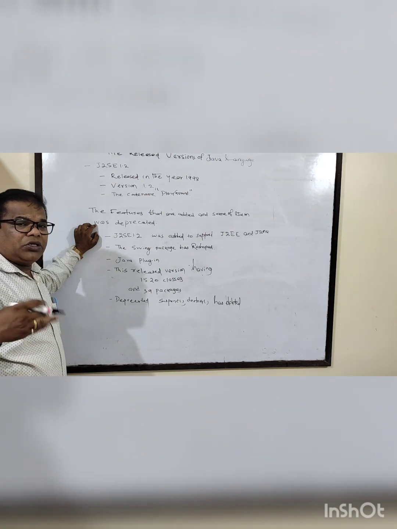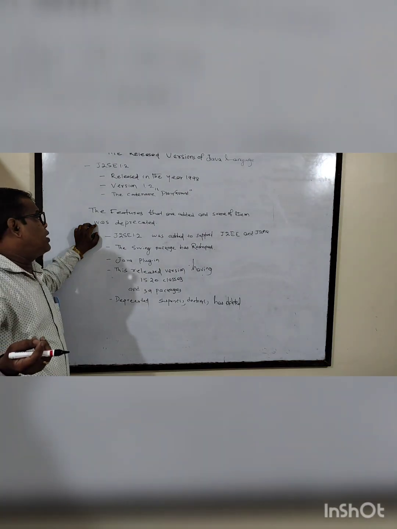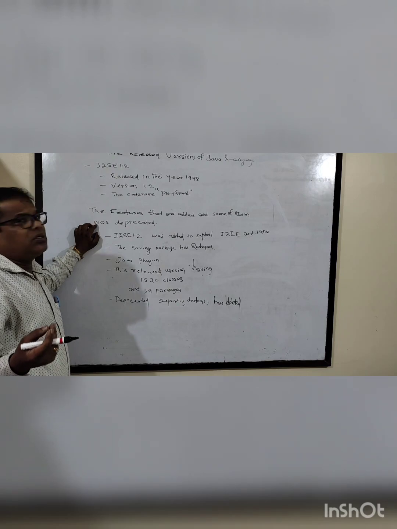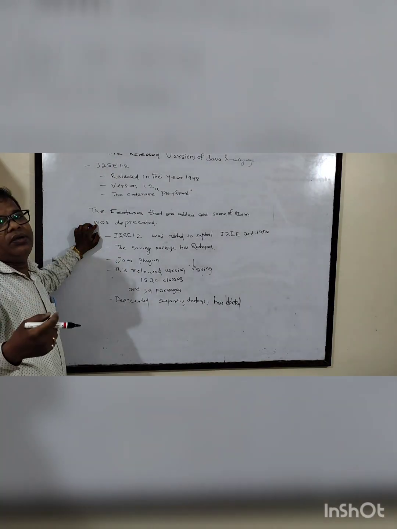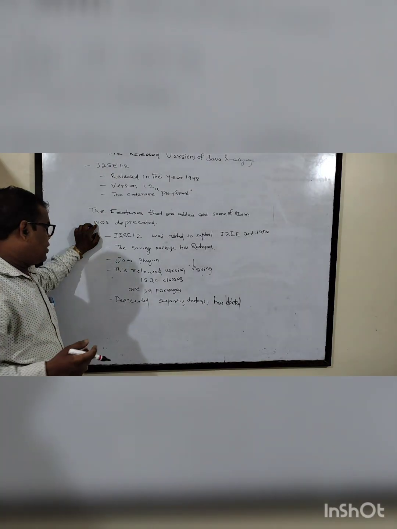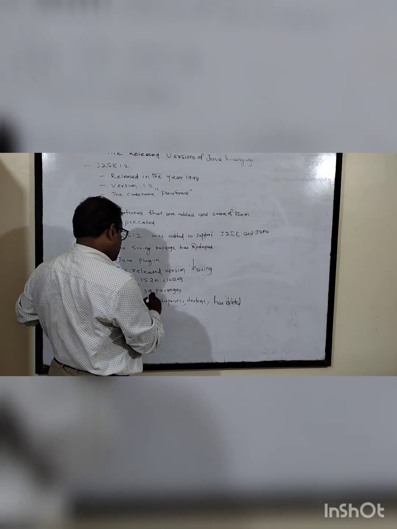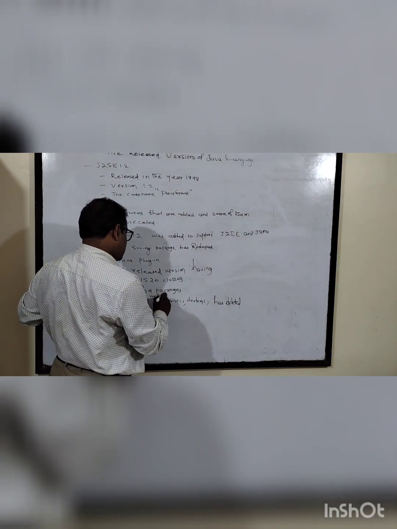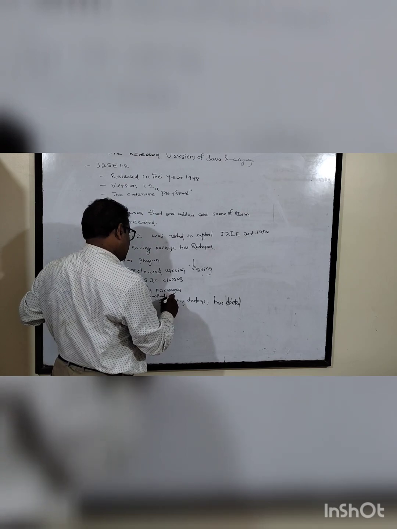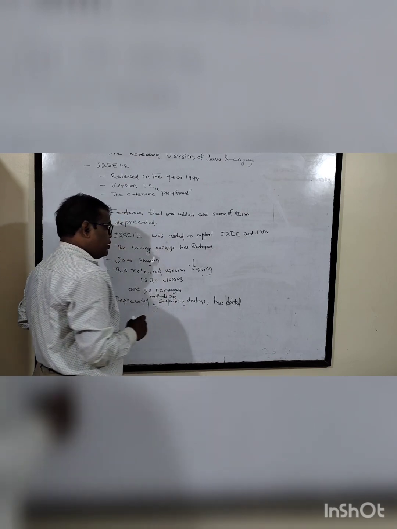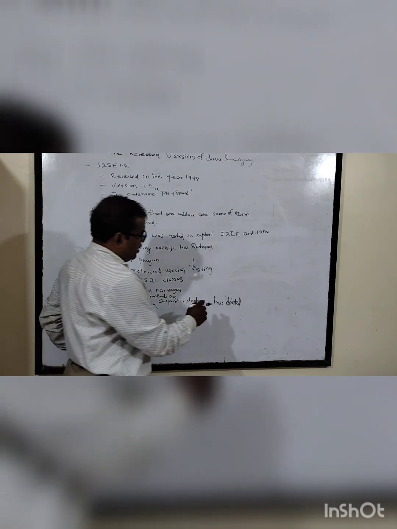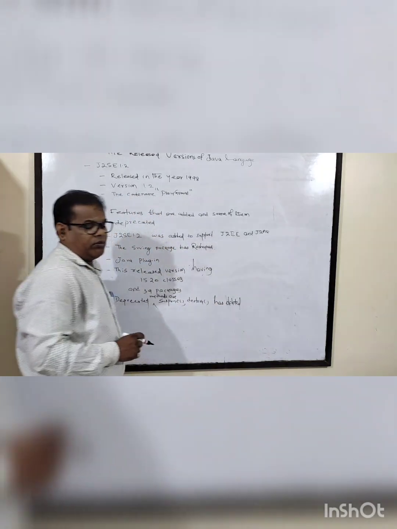Some modifications to the packages have also been taken care of, and some methods are also deprecated. Deprecated methods are suspend, destroy, etc. Other things have been deleted from this one.